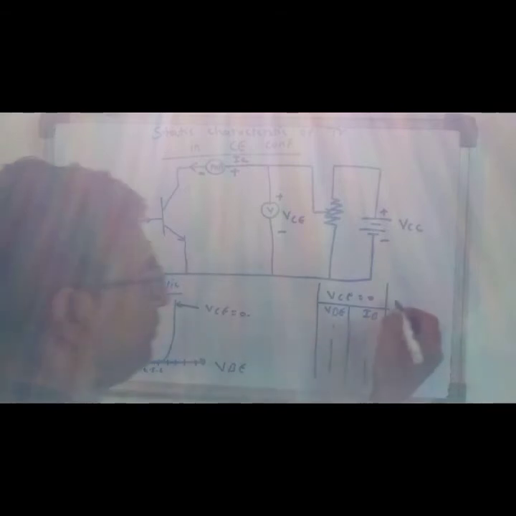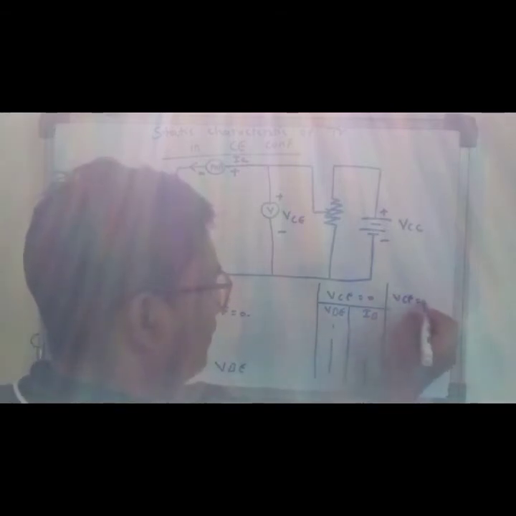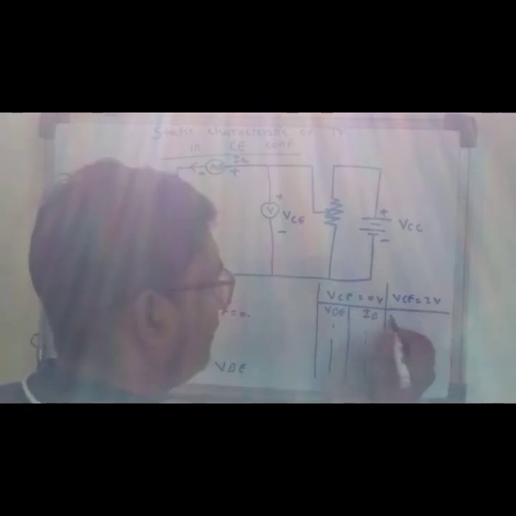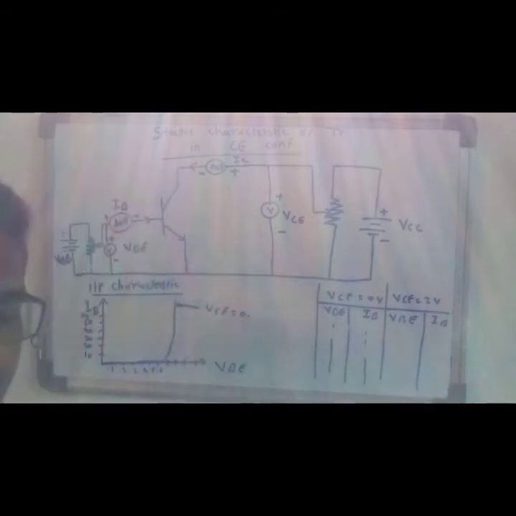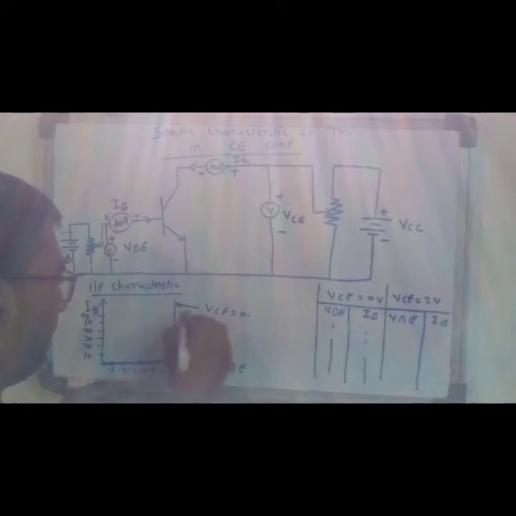For the next time we will see what will be the VCE. Just we change the value, VCE is equal to 2 volt. Okay, then observe the reading VBE versus IB. So here you will get VCE is equal to 2 volt.